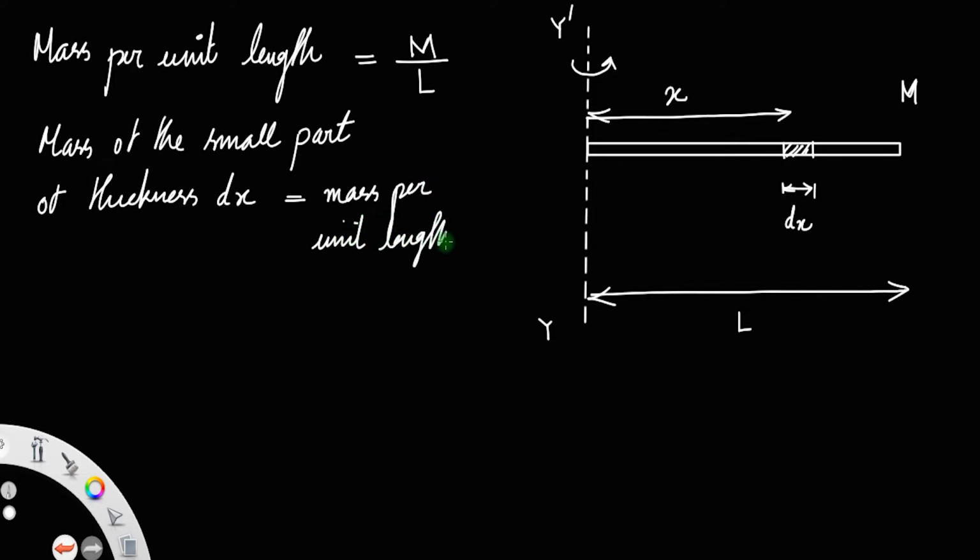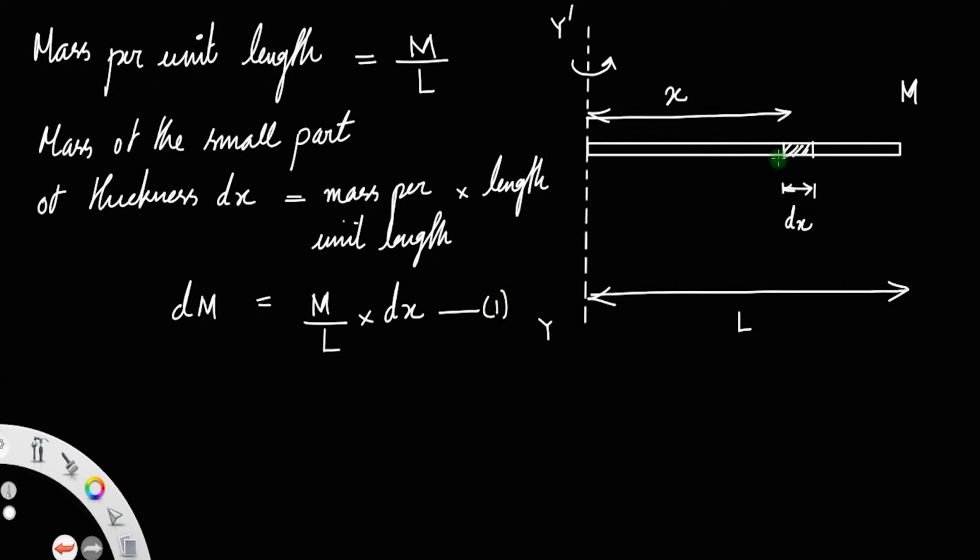But mass per unit length is M by L, into the length of that small part, which is dx. Let's call this dm. That is, dm is equal to M by L dx. Let's call this equation number 1.